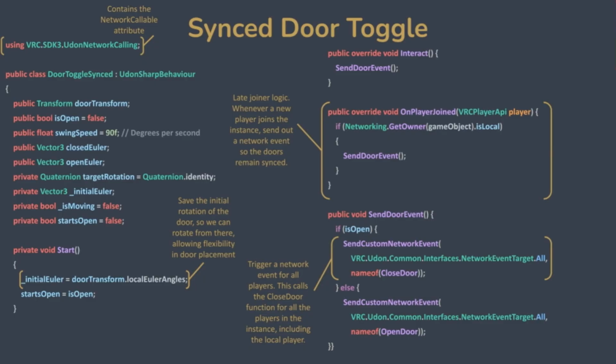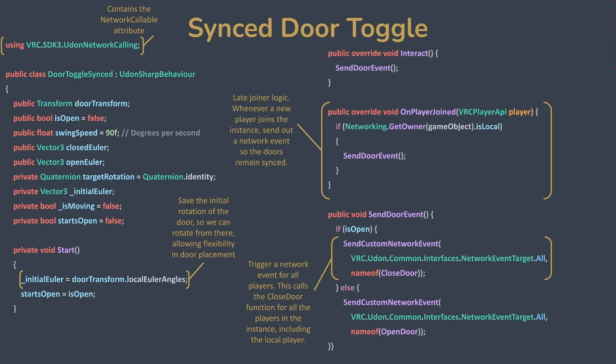Then we have a bunch of stuff that handles how the door works. Things like the transform of the door, whether or not it's open, a swing speed, some open and closed rotations, a target rotation, an initial rotation, whether it's moving and whether it starts open. So we'll cover most of that stuff in a moment.